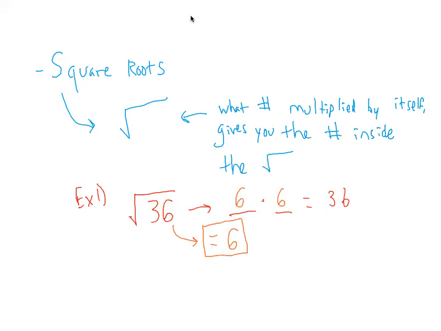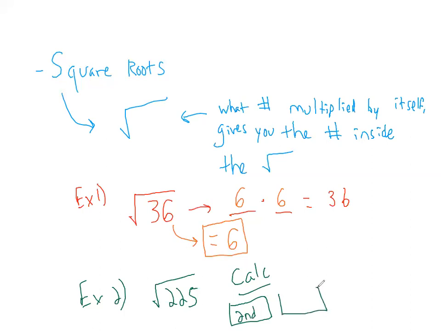Now, what if we wanted to type it into a calculator? Okay, so for example 2, we'll use a calculator. If you had the square root of 225, here's how we're going to use the calculator. We're going to hit the second button, right?